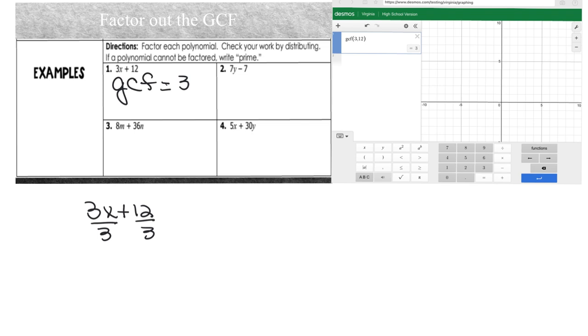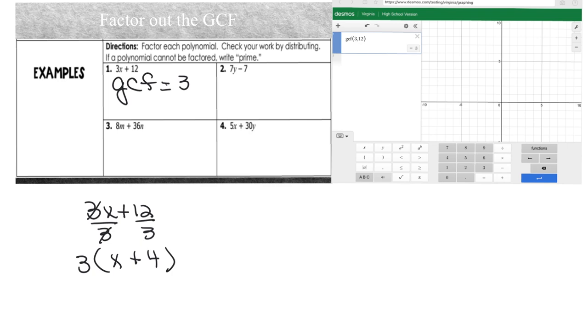That means I'm going to have my GCF outside the parentheses, and inside the parentheses, I'm going to get what is left once I do this division. So I have 3 divided by 3. Those cancel out and leave x. And I have 12 divided by 3, which is 4.